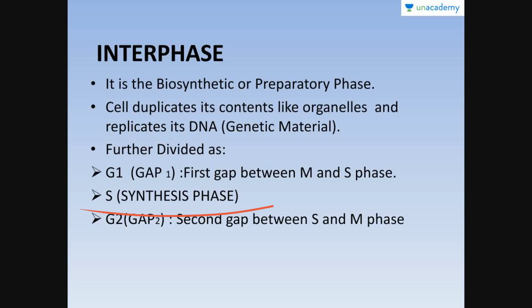Now S phase is called as synthesis phase. Why? Because synthesis of genetic material is occurring during this phase. And then we have the G2 phase or the gap 2 phase, which is a second gap between the S and M phase. So G2 is similar to G1, but the only difference is that it forms a second gap. The gap is between S and M only in both cases, but it is the second gap.